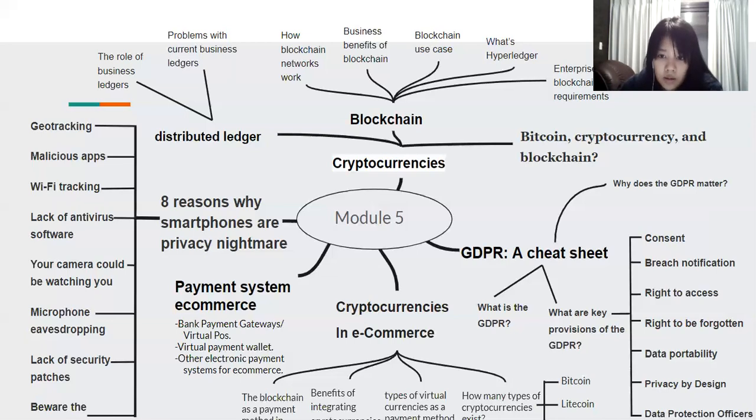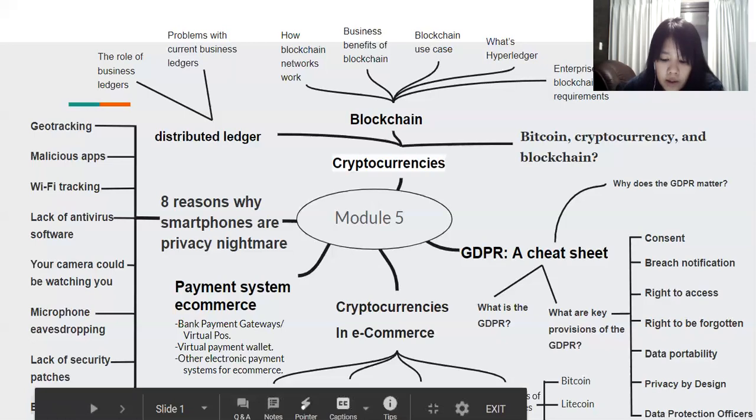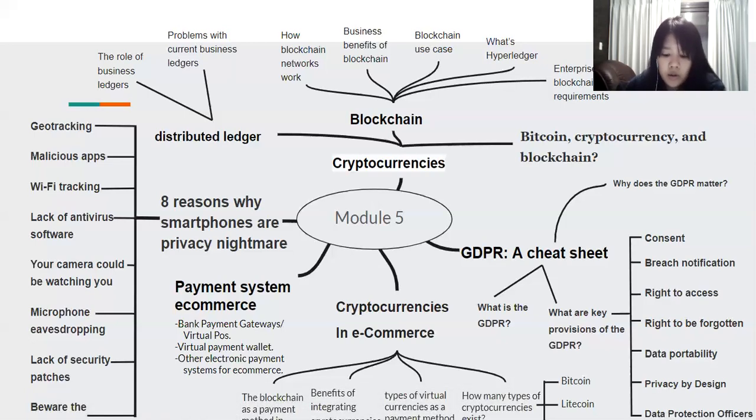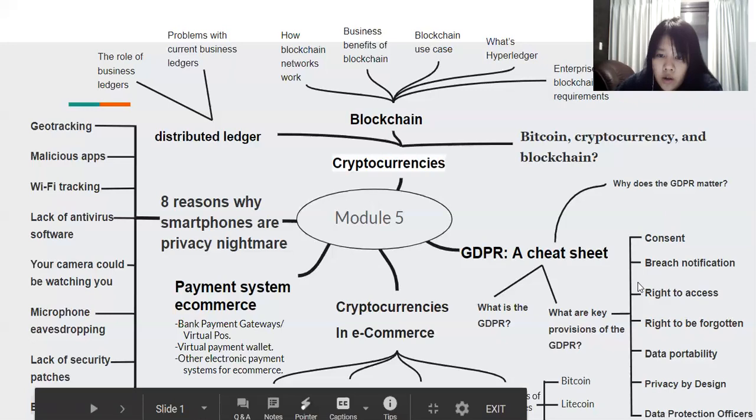Who does the GDPR affect? It is applicable to all businesses that collect personal data from citizens of the European Union. Why does this matter? There are devastating penalties for non-compliance that uses personal data. There are certain key provisions of this GDPR.